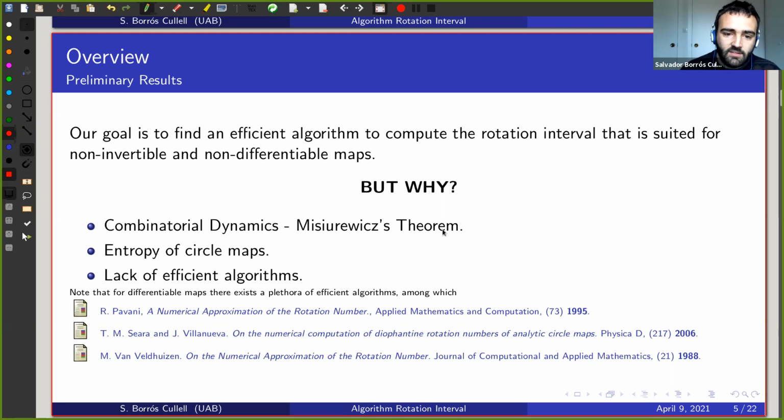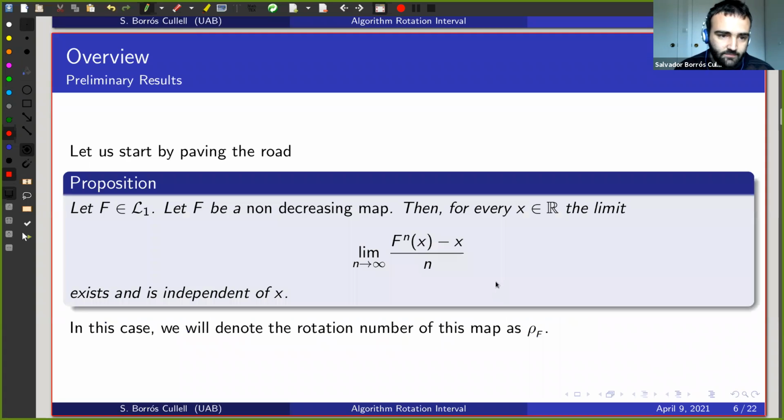In combinatorial dynamics, the Misiurewicz theorem tells us that the set of periods of maps of degree 1 depends, among other things, on what the rotation interval is. And also, lower bounds of the entropy of circle maps of degree 1 require knowledge of the rotation interval. So it's not just something we are bored and would like to know, but it also has some theoretical importance. So let's start by paving the road.